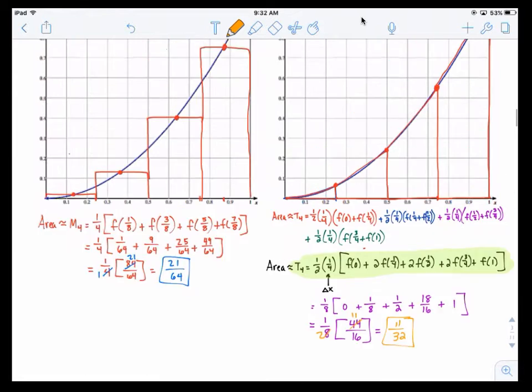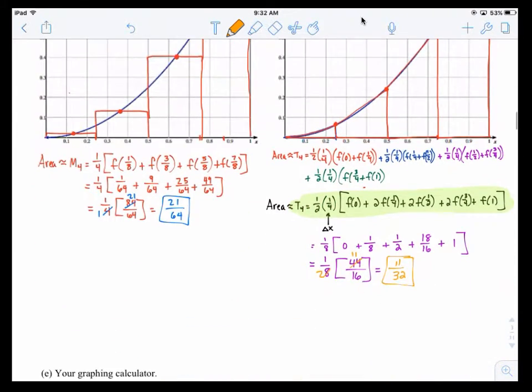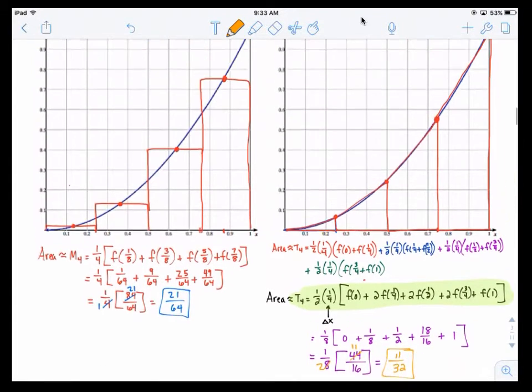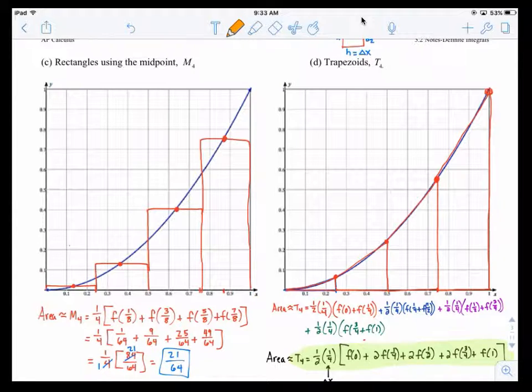All right, so those are the big 4 methods. This is numeric integration, definite integrals. That's not exact, but it's very, very close. It all depends again on what type of function you have and what the curve is.